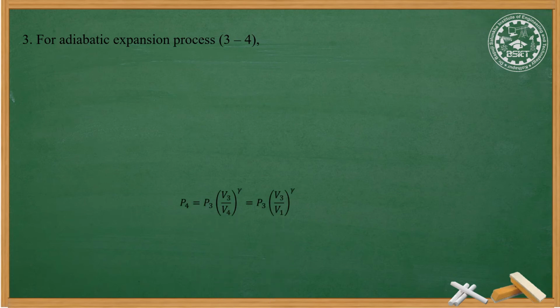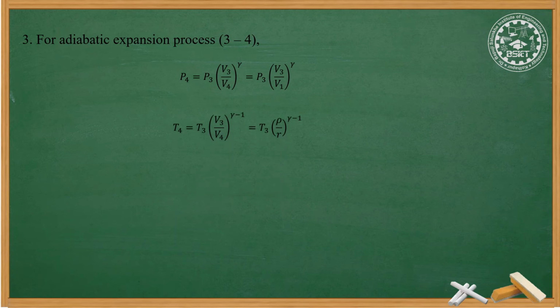Now for the third process, the adiabatic expansion process 3-4, we can say that P4 upon P3 is equal to (V3 upon V4) raised to gamma. That is, P4 is equal to P3 into (V3 upon V4) raised to gamma. But V4 is equal to V1, so we can write the above equation as P3 into (V3 upon V1) raised to gamma.